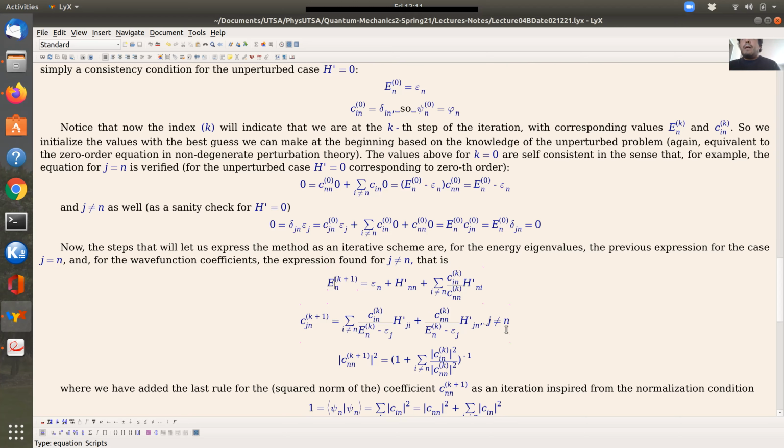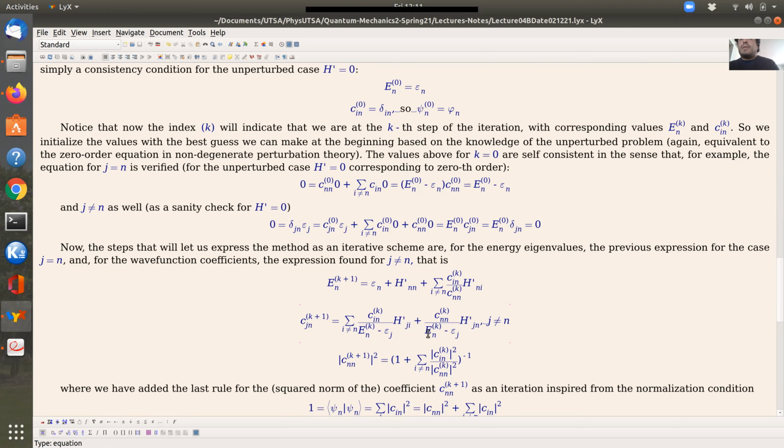So now it's clear how I'm advancing from the kth step to the k plus 1 step. And again, think about the case k equal to 0. So this would be the old values for the energies and the old values for the coefficients, and this would be giving me the first step approximation beyond the initial guess, where j is not equal to n, of course.